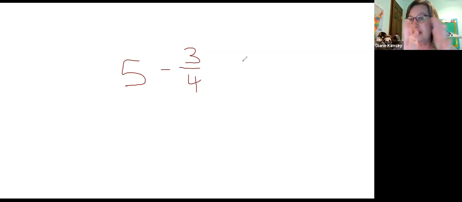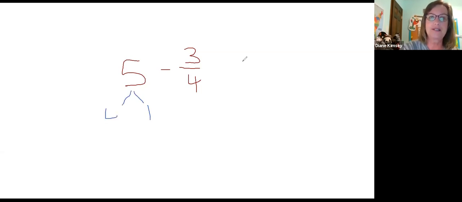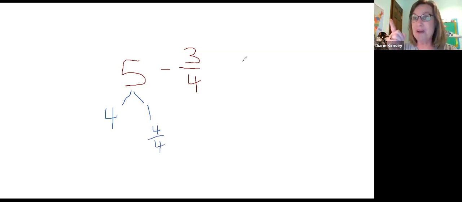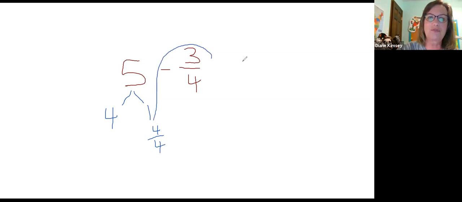So again, what's the next level up then? If 3/4 is less than 1, we're only going to take it away from 1. So I'm going to partition this out. So that means I only had to take it to 1. 1 is still a whole number. Oh, I know. That's the exact same thing as saying 4/4. You're right. It's the exact same thing as saying 4/4.